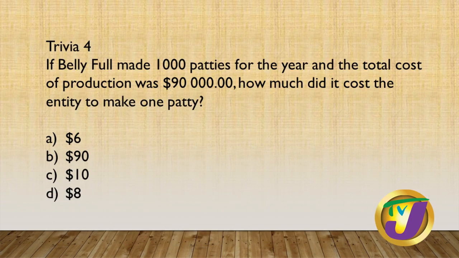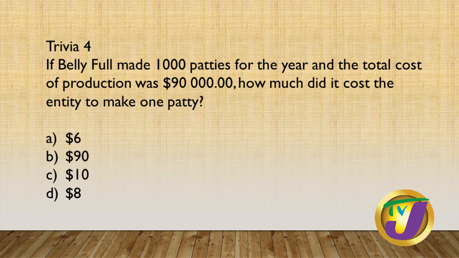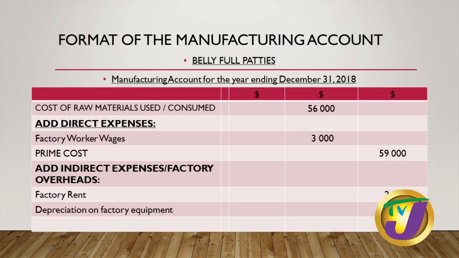Now, just before we had labeled the item cost of goods manufactured or cost of goods produced, we had a $65,000 there. Can you see that? Good.